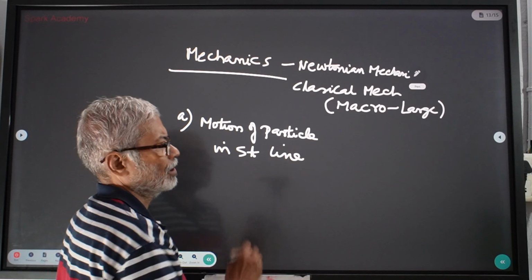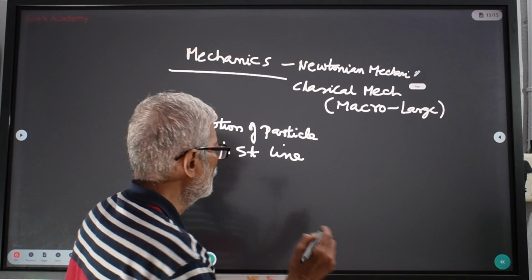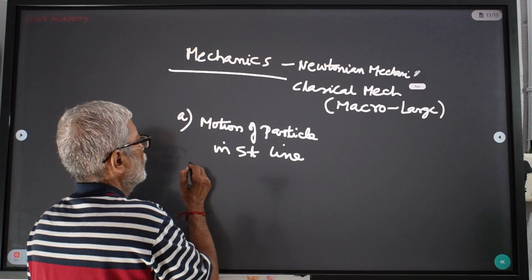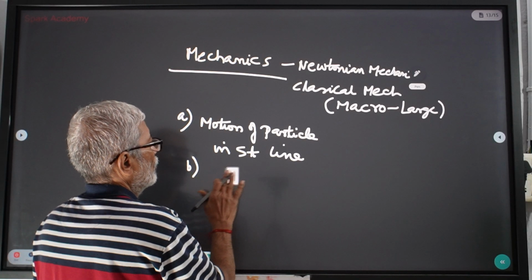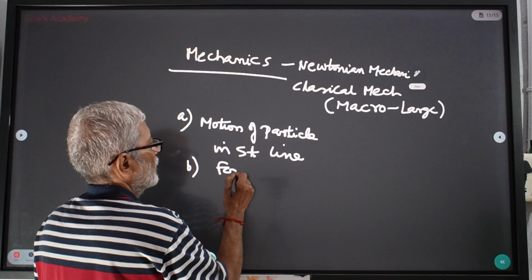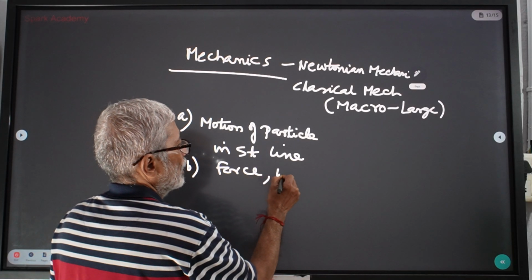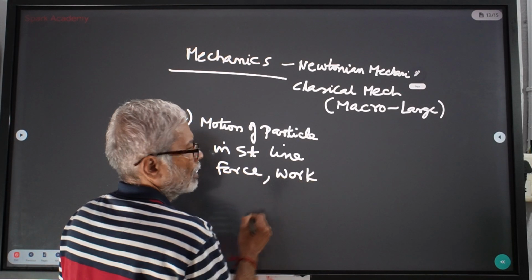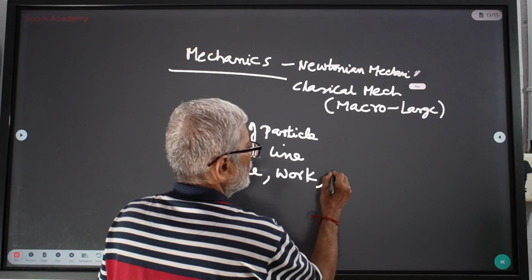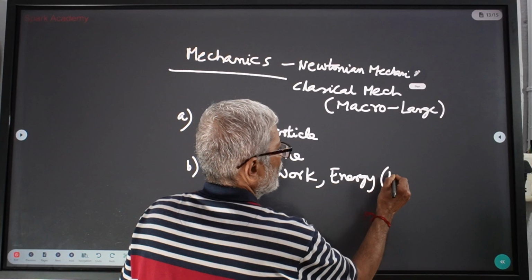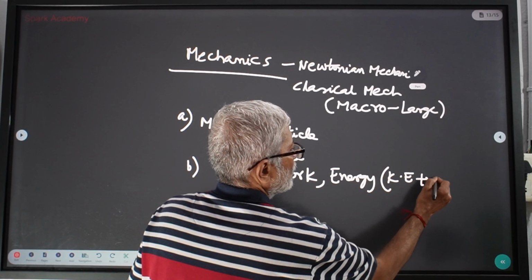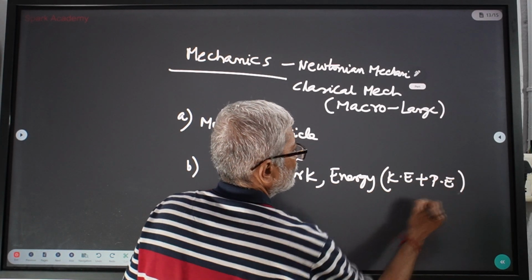When you are studying motion of a particle in a straight line, you also need to know what force is, what work is, and what its energy is. Energy of motion means kinetic energy plus potential energy.